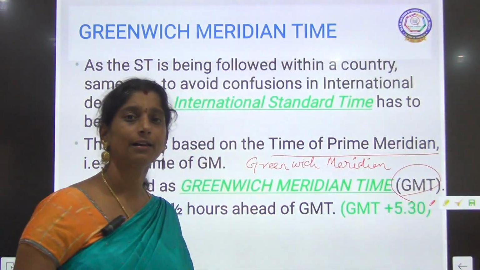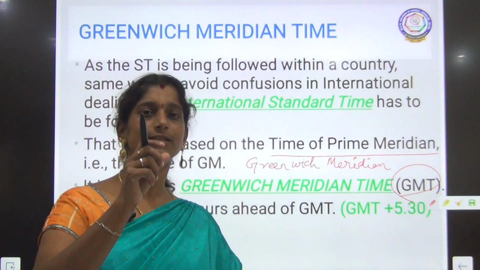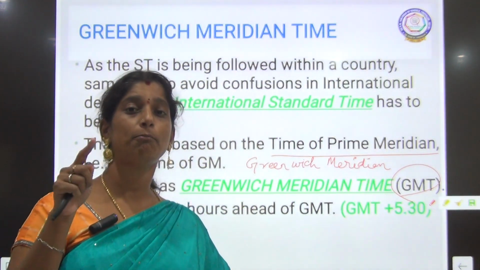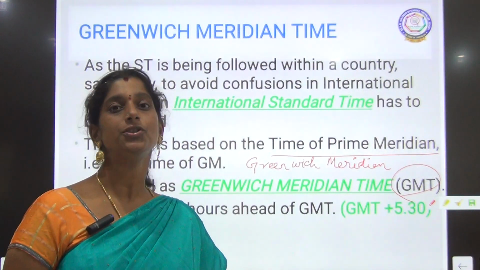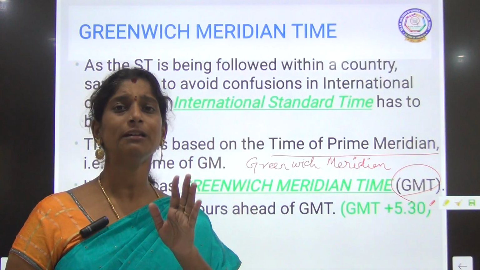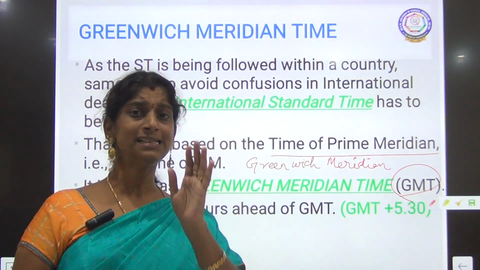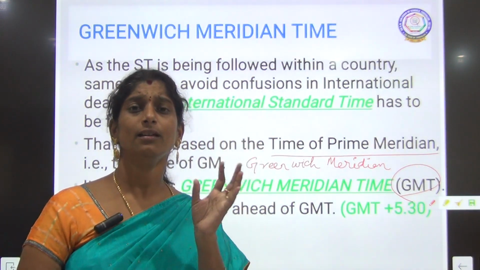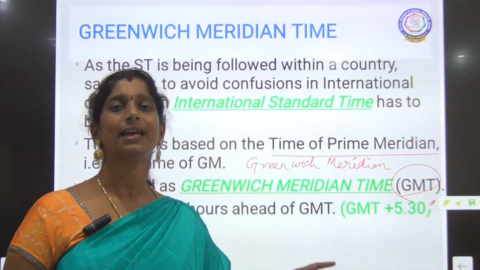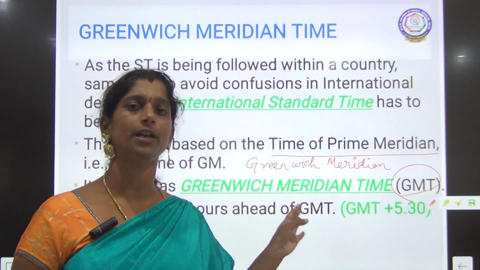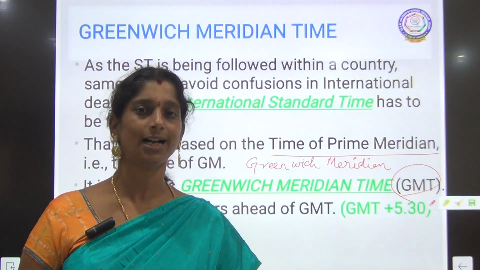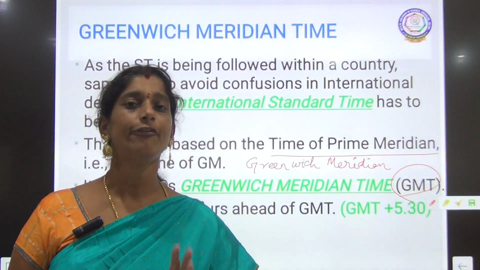If you see on your mobile, you can see the Indian time is GMT plus 5.30; it would have been mentioned. So all the time over the world is based on GMT. That is, if GMT is 0, then the Indian time is plus 5.30, which means if the time is 12 o'clock in Greenwich Meridian, then it is plus 5.5 hours in India, which means Indian time will be 5:30.